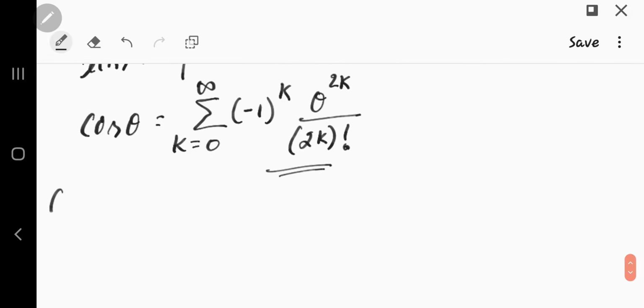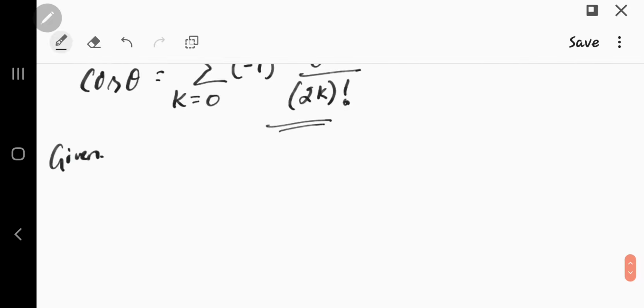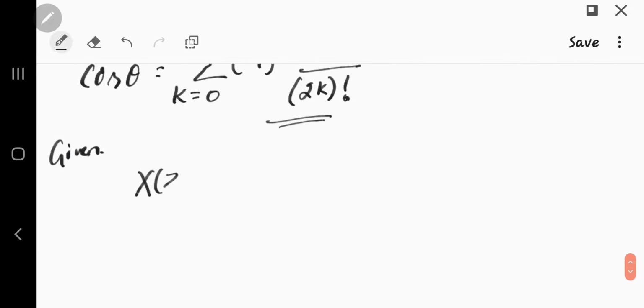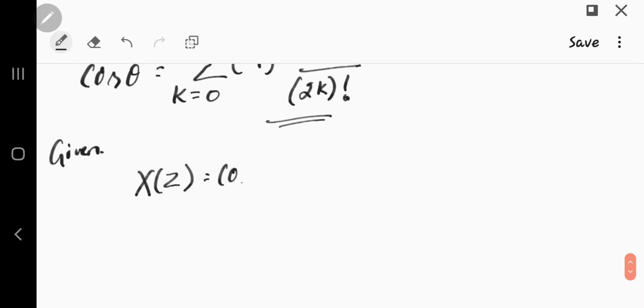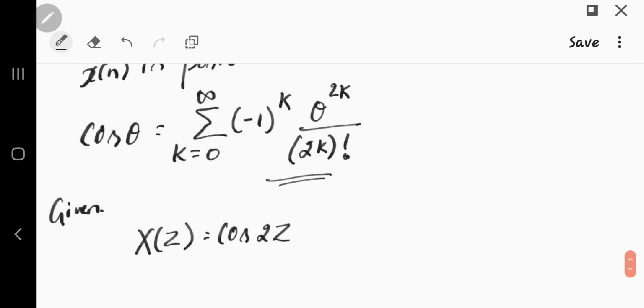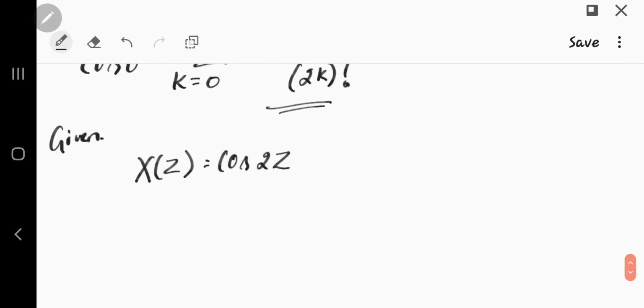Now given x of z is equal to cos 2z. So that means in place of theta we have 2z here.